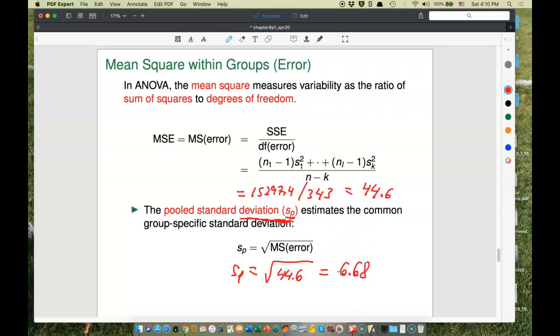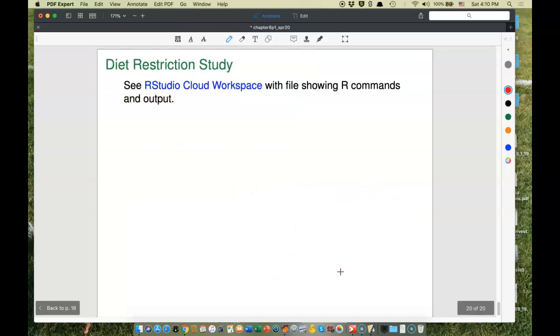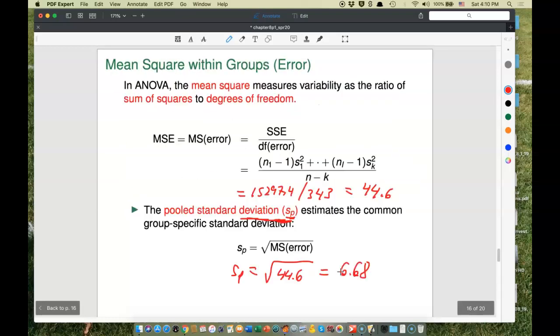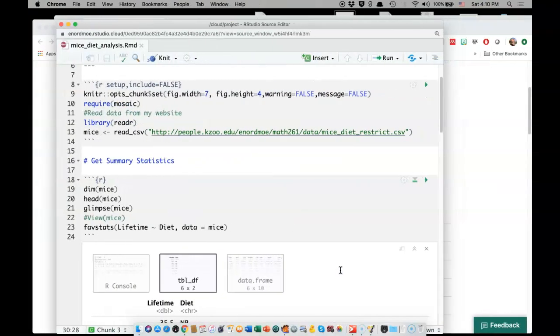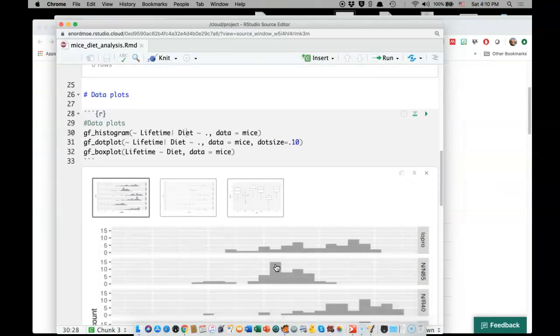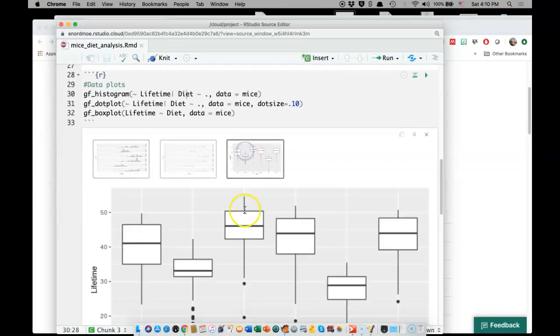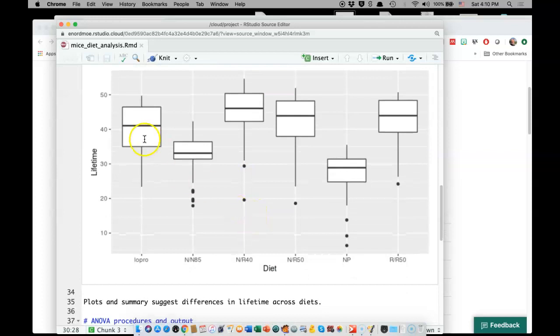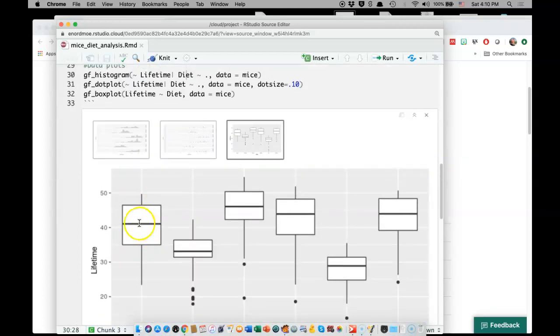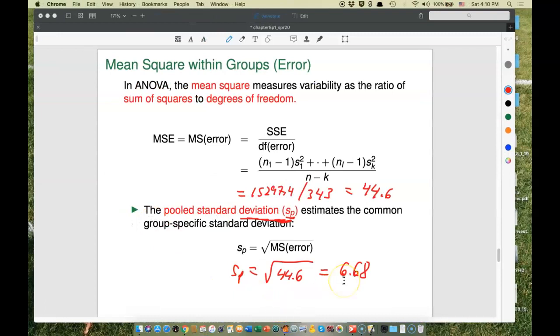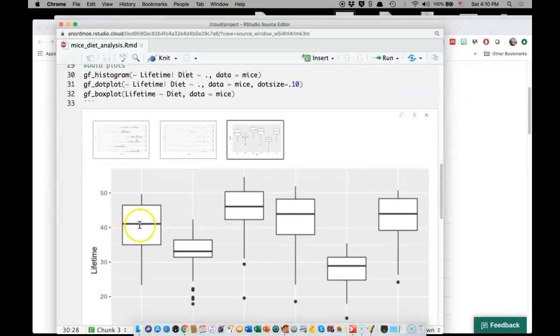So that's useful because we remember back to the beginning of the course, we talked about the 95% rule. So we could think about applying that to something like this. So maybe the mean is somewhere a little bit below the median. And if we took that 6.68, so almost 7, doubled it, we get close to 14, either side of the mean.